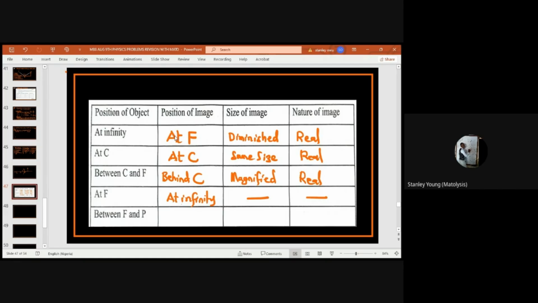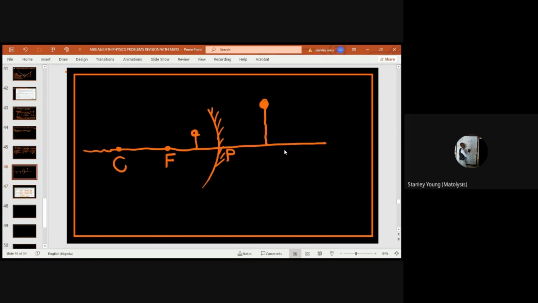Let's first talk about the positioning behind the mirror. Behind the mirror, the size is bigger, that's magnified. The image is going to be virtual. Why is it virtual?